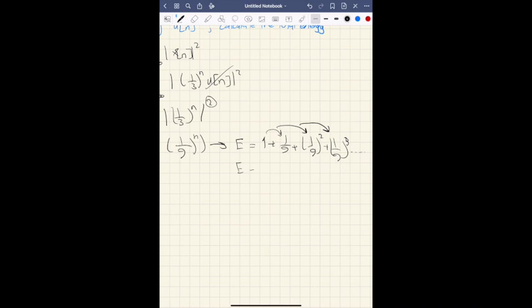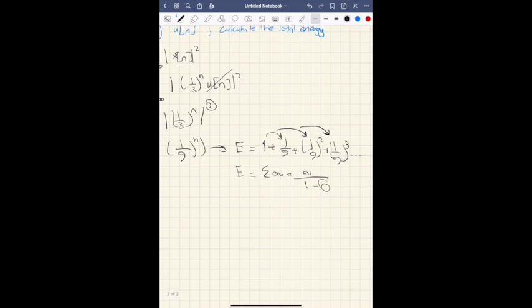We can see that we can put the total energy, as it goes to infinity, as equal to A1 over 1 minus R. The R in this equation refers to the 1 over 9 right here, and A1 is the 1 right here.